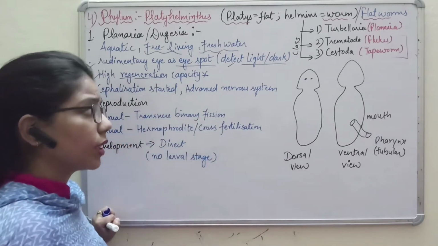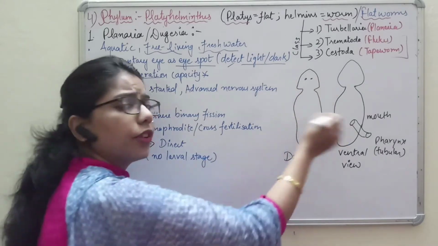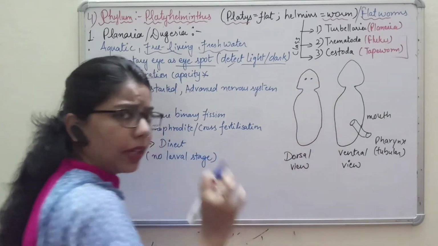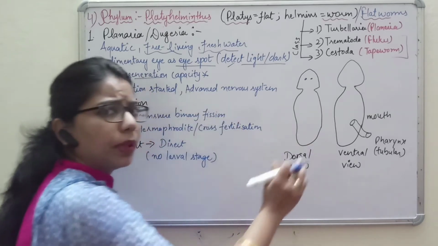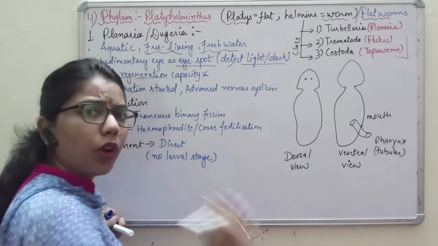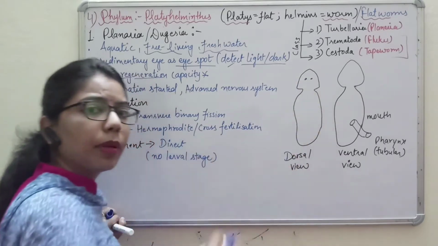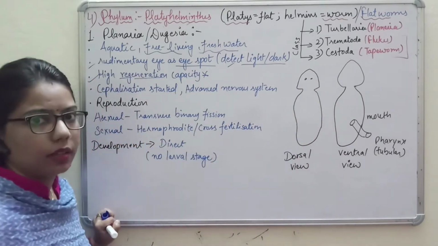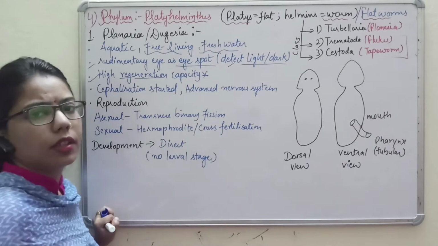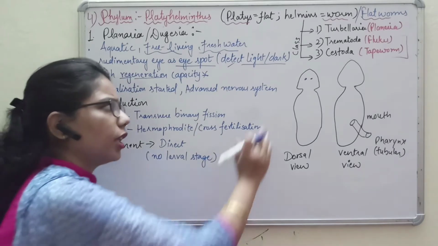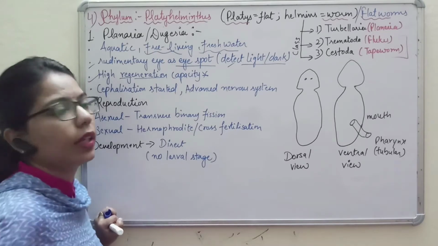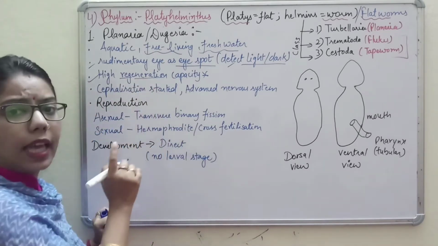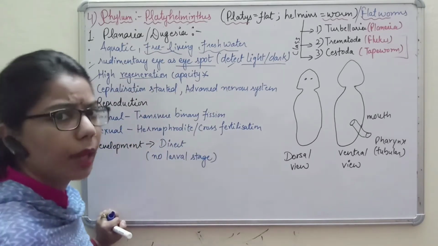For example, if we cut Planaria into 100 pieces, वैसे Planaria बहुत छोटा सा होता है, but if we cut it into 10 pieces, 5 pieces, 20 pieces, whatever, each piece is able to form a new Planaria. This is known as regeneration. कितने भी pieces कर दें, वापस एक नया Planaria बनाएगा. So we can say it has high regeneration capacity.